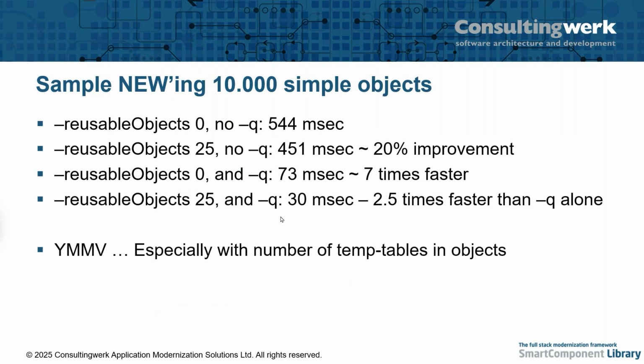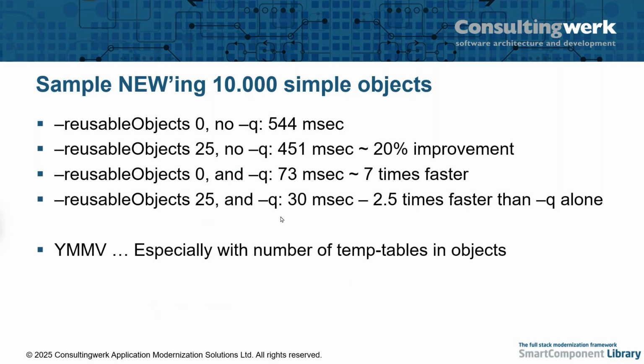I've made some benchmarks here. I have a very simple object that I'm newing and deleting 10,000 times. If I turn off reusable objects and I do not use -q, it takes around about half a second. If I use reusable objects without -q, I improve it by 20%. If I use -q but not reusable objects, it's 73 milliseconds, so 7 times faster than not using any of the features.